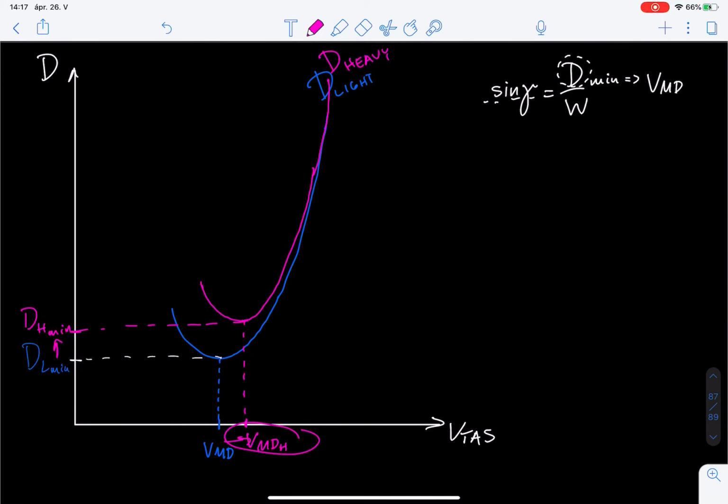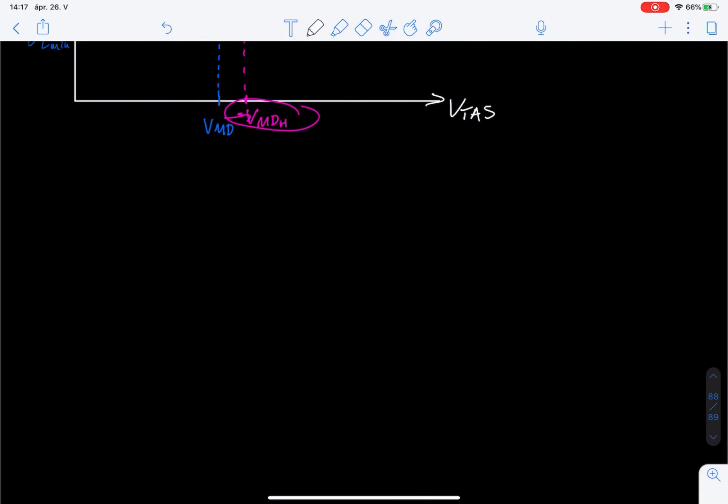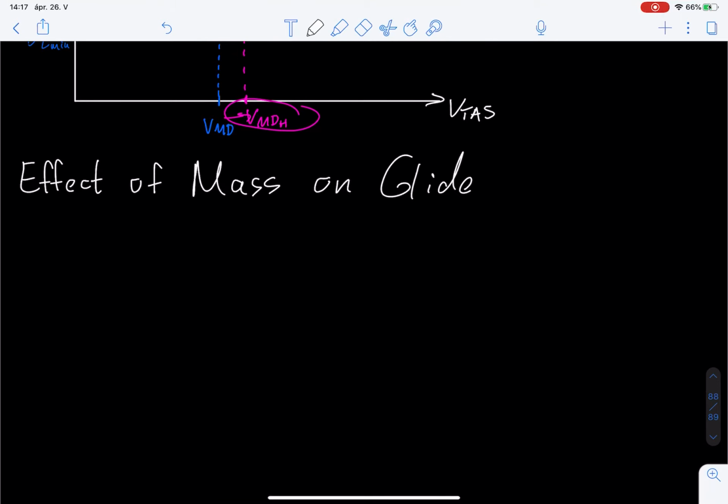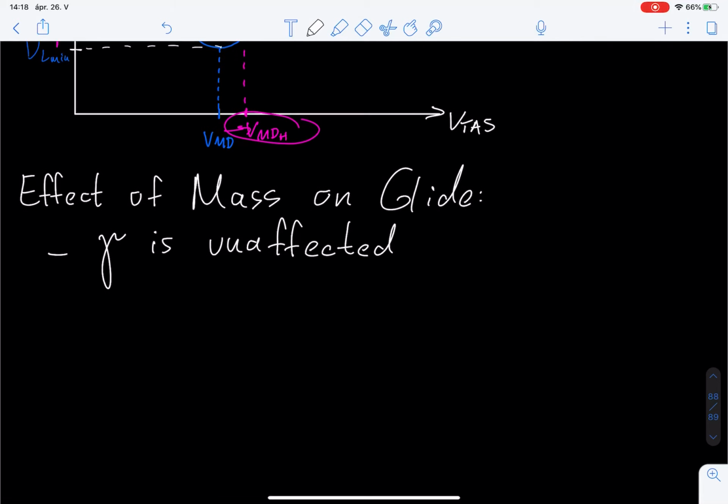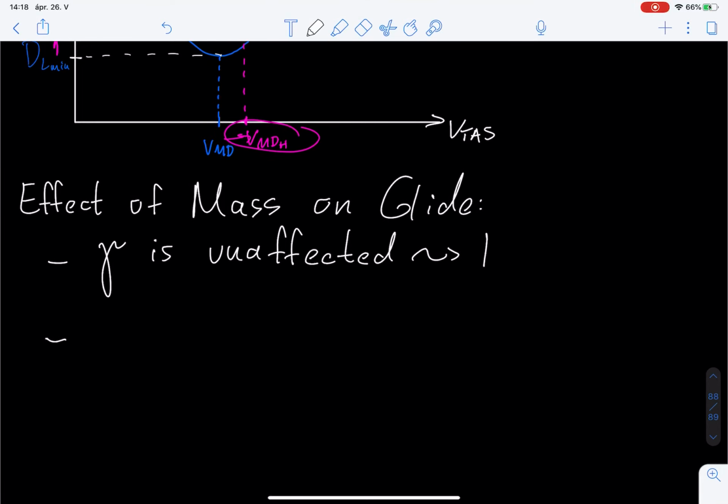So essentially, the effect of mass on the glide is that the flight path angle is unaffected. So it's going to be essentially the same, right? So the flight path angle is the same, so therefore range is unaffected.